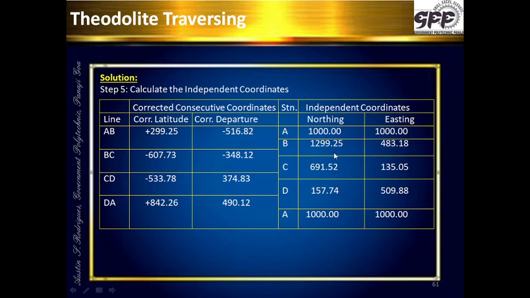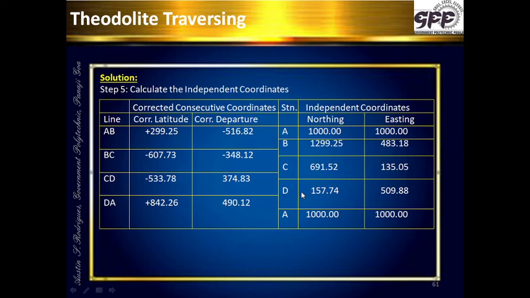So 1299.25 minus 607.73, the answer comes as 691.52, which is the northing of the point C. Similarly, the easting of the point C is 483.18, which is the easting of the point B, plus the corresponding departure, that is minus 348.12. The answer is 135.05. So that becomes the easting of the point C.